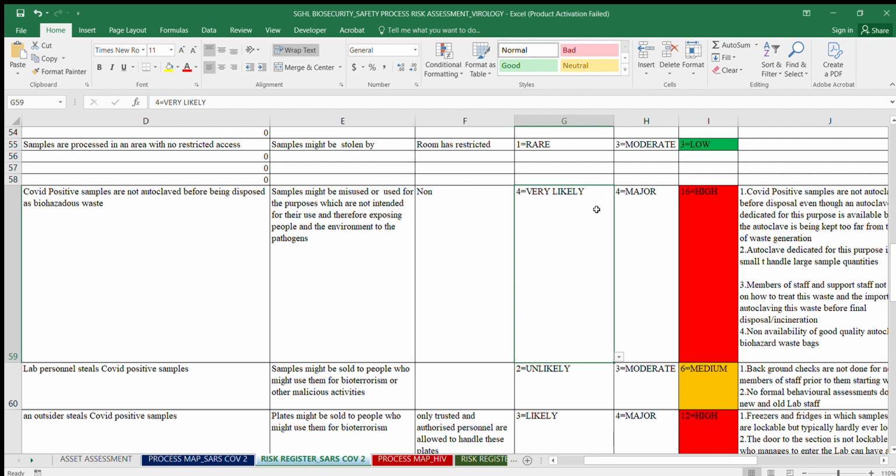So now, if you don't have an incinerator, it means that the chances of this happening is very likely, because there's no incinerator. And the same consequence you determined under maybe theft or under misuse will be the same consequence you use here.